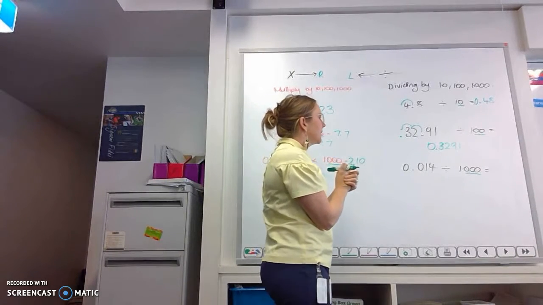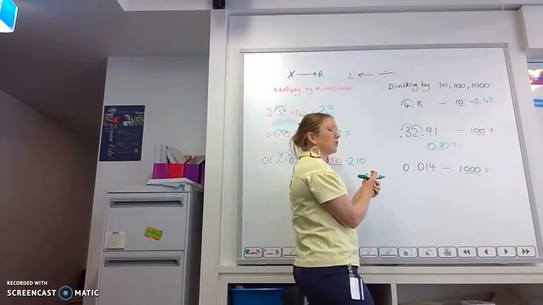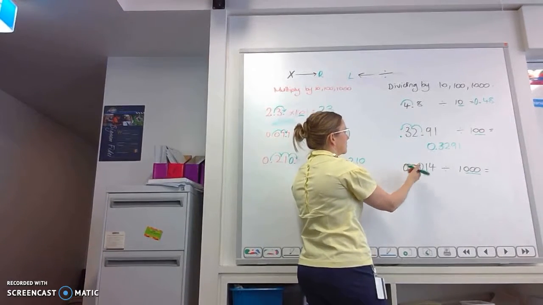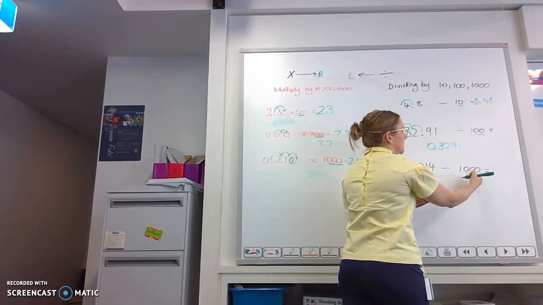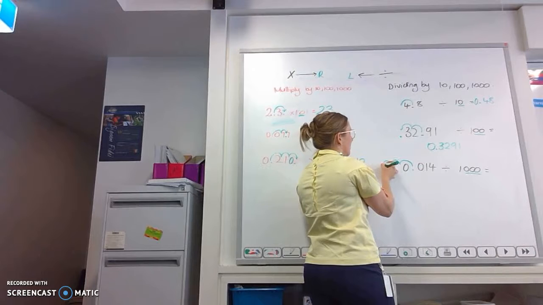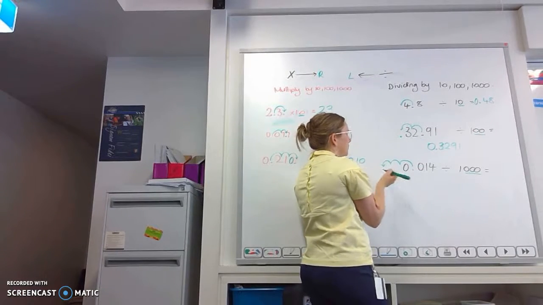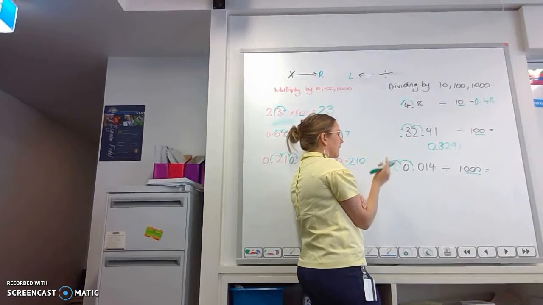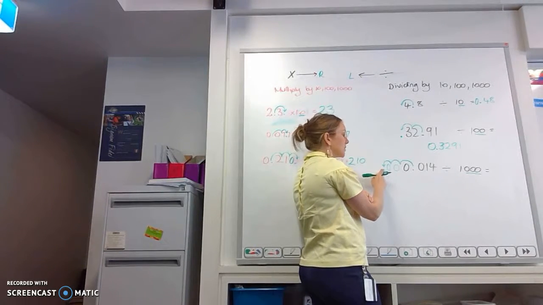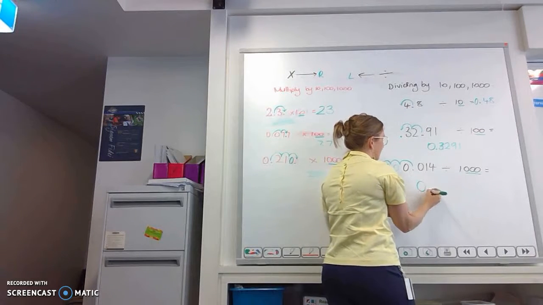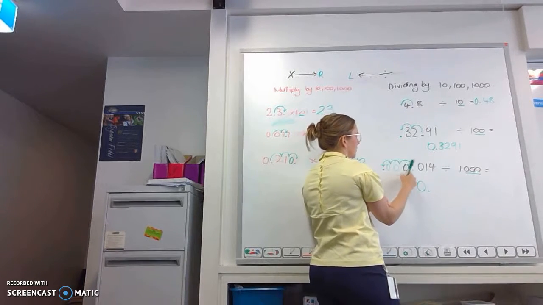Okay. Now this one here has potential to get quite a lot of zeros, so you need to be careful. So you're moving it this way because you're dividing, 3 places because there's 3 zeros. So 1, 2, 3. Before you write your answer, I will add the zeros in. And because it's a number very much less than 1, I would need to put a 0 out the front. 1, 2, 3, 4.